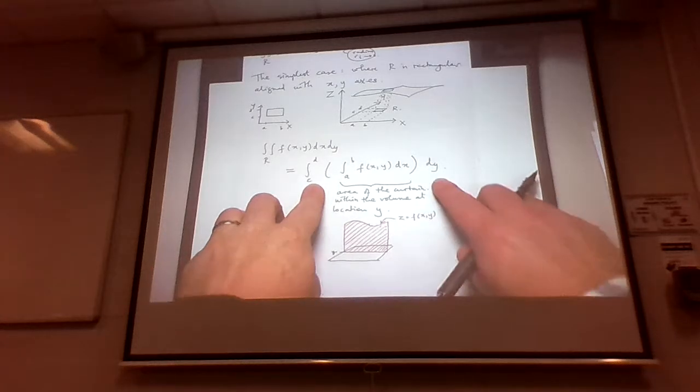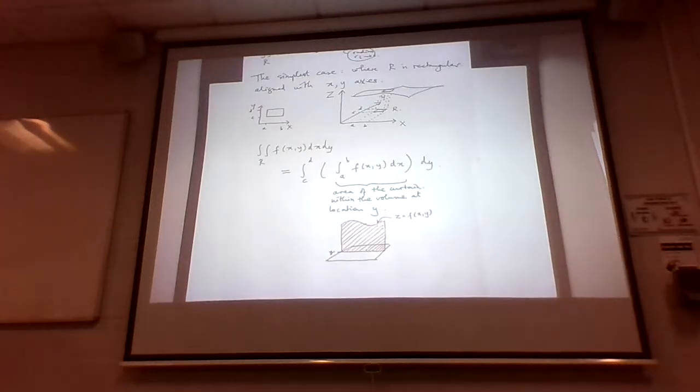But what happens if you sum the areas of cross-sections? If I've got a volume, and I take cross-sections of it, and I examine the area of each cross-section, and I sum them all up, that gives you the volume. The volume you can think of as the sum of cross-sectional areas.